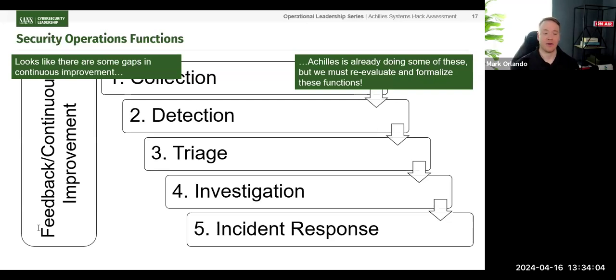And we talked about how we've got a few gaps maybe in our data collection and our logging. So we already know that if we're going to assess each of these functional areas, we're going to have some gaps to fill. But this is a great model to ensure that we're covering all of those key detection and response functions, even if ultimately Achilles decides to engage an MSSP or use an external consultant. We still want to make sure that somebody, somewhere, somehow is covering each of these 5, well, let's say 6 core SOC functions.